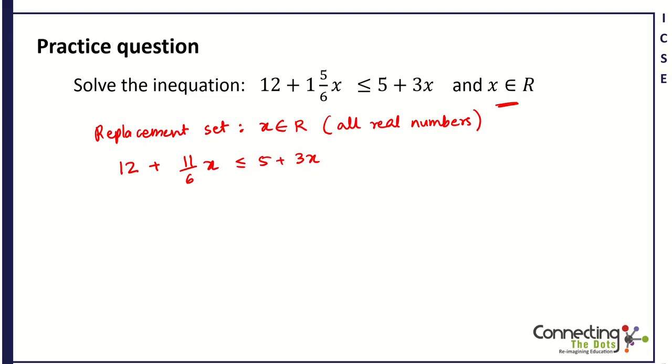I subtract 5 from both sides and then bring this term to the right hand side. I'll end up with 12 minus 5 is less than or equal to 3x minus 11 by 6 x.